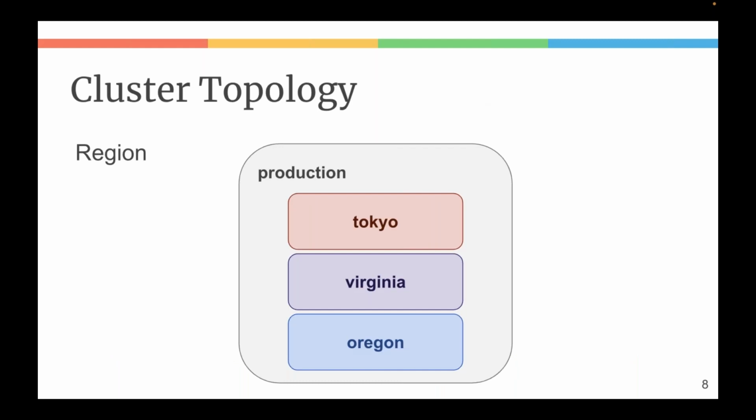The second dimension would be the region. As I mentioned earlier, we have a large user base in the United States as well. For that purpose, we are running clusters in the Virginia and Oregon regions of AWS, aside from the Tokyo region. And I think that also has been very successful so far.